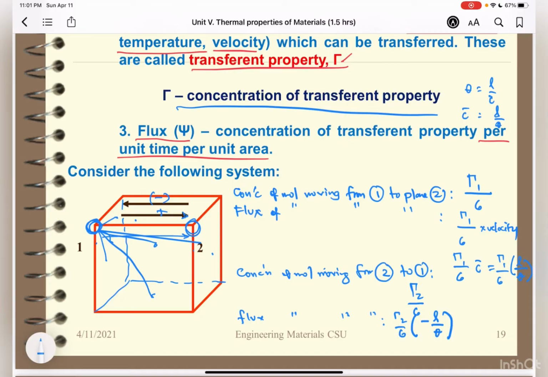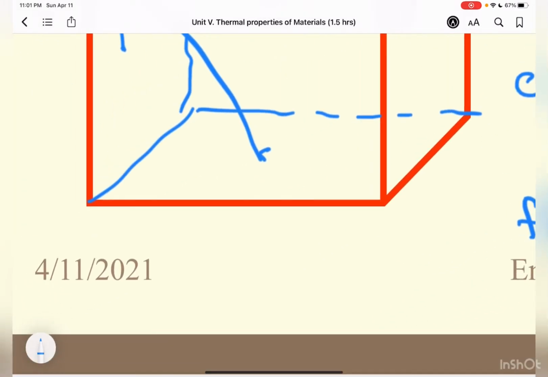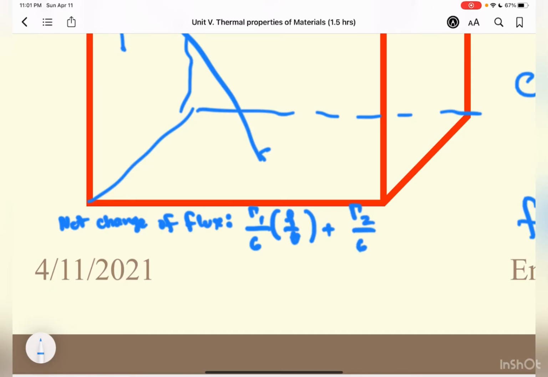Now, if we are to consider the net change of flux from 1 to 2, this could be gamma 1 over 6 times L over theta plus gamma 2 over 6, this time negative L over theta.